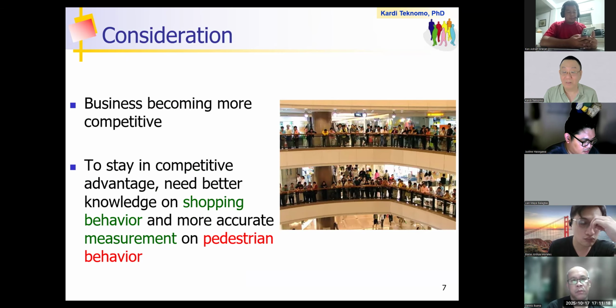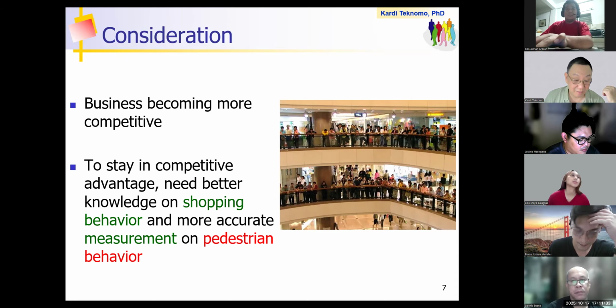So in that case, more accurate measurement of pedestrian behavior is needed. If you still stick your mind to public infrastructure, which is already standard, something is missing there. That's the 1970s.